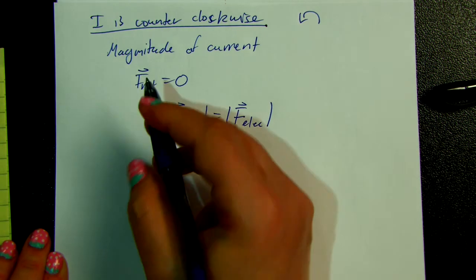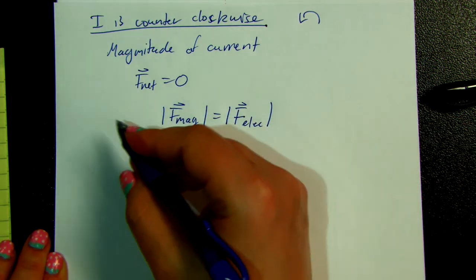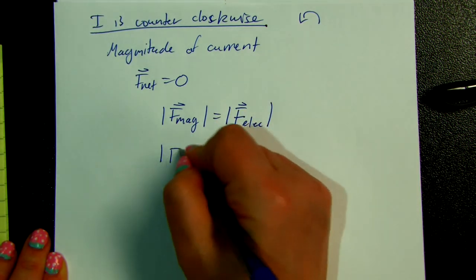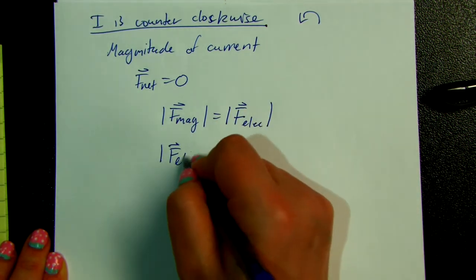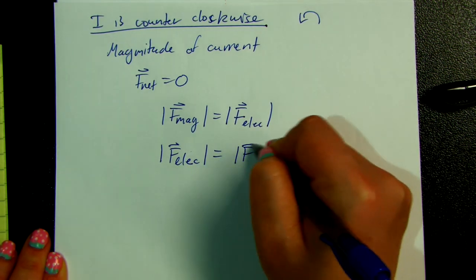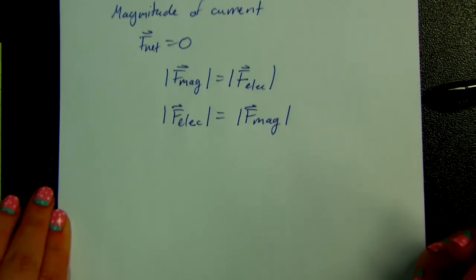So the magnetic force... Actually, in my work, I have put the electric force on the left-hand side, so I'm going to go ahead and move this around right now, so it's more consistent with the work that I've done.